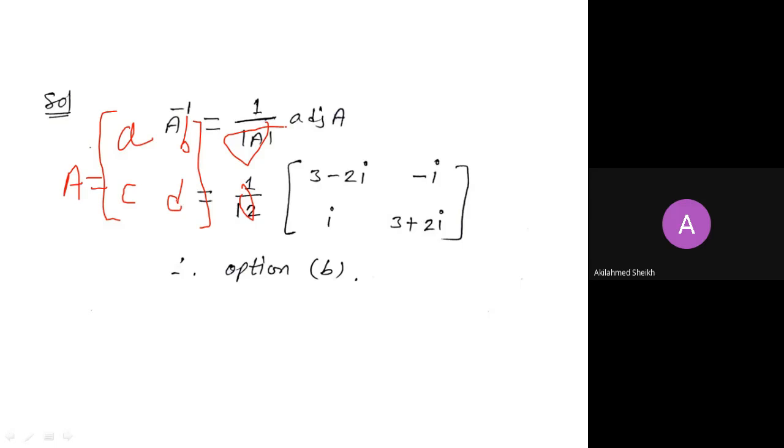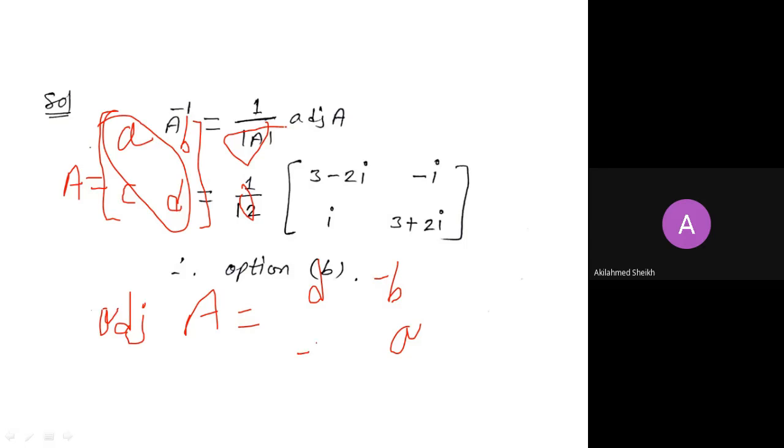To find the adjoint of a matrix larger than 2 by 2, we have to use the transpose of the matrix of cofactors. So in this case, the adjoint of A is nothing but interchanging the principal diagonal elements, we get d, a, and multiplying the remaining elements by minus 1, it becomes minus b and minus c. This is the adjoint of A.